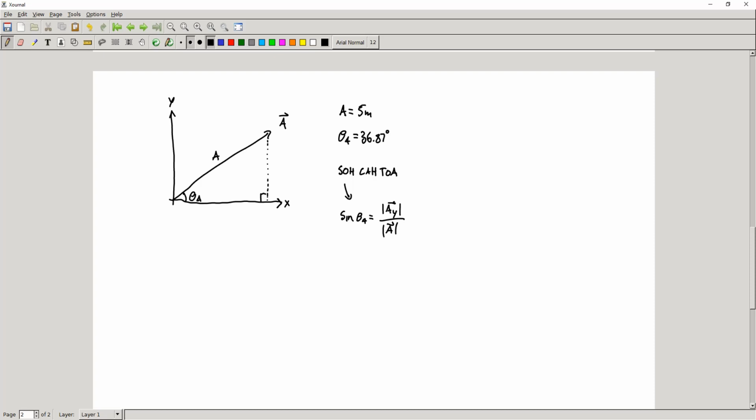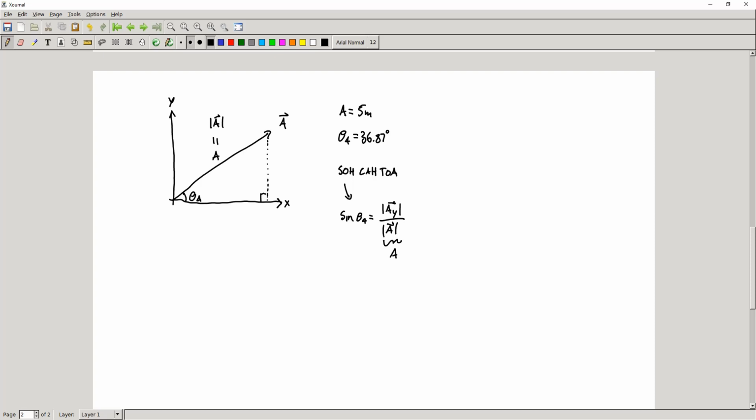So this bottom quantity, this magnitude of the vector A, that's just A. This is actually equal to the magnitude of A. So with this denominator in the basement, this is going to give us the magnitude of A_y.